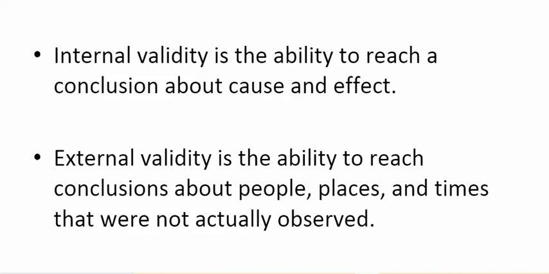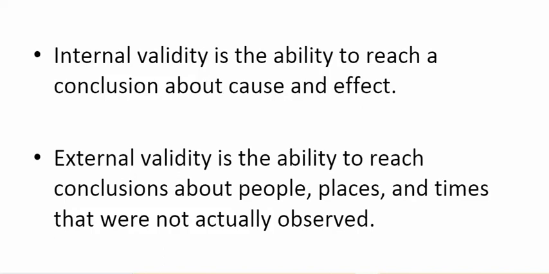So if I did that highly controlled study that I just described, and the hot group does significantly worse than the cold group, like I predicted, I'm going to be able to confidently say that the temperature of the room is what caused one group to do better than the other inside my study.